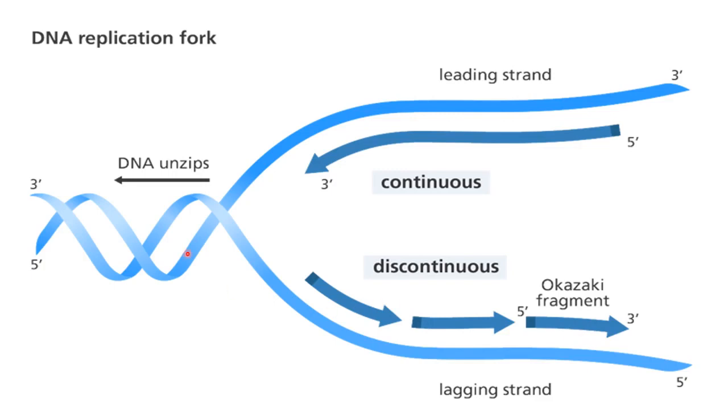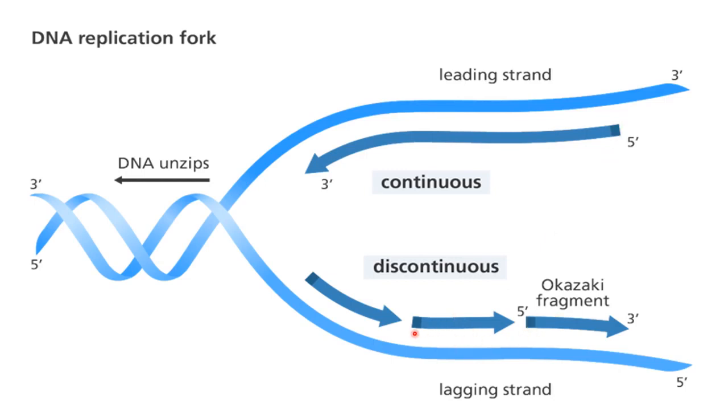So here you can see the complete process of replication. In the first step, the helicase enzyme will work here and separate the two strands of DNA by breaking the hydrogen bonds. Then the topoisomerase enzyme works just ahead of the helicase enzyme to remove the negative supercoiling. Then primers are added here. This is a primer and this one is a primer here.